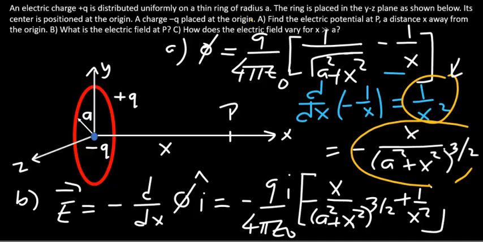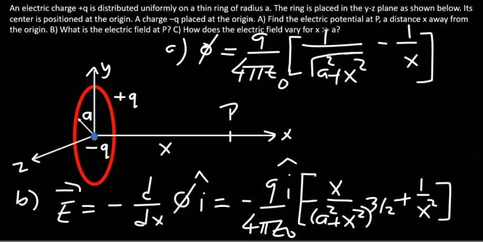And don't forget i hat, the unit vector. Of course, you can absorb this negative sign inside the bracket, and that would make this negative go away. This would become a plus, and this will become a minus. So there we have it, a complete expression for part B. Note that the direction of the electric field is purely along the x direction.